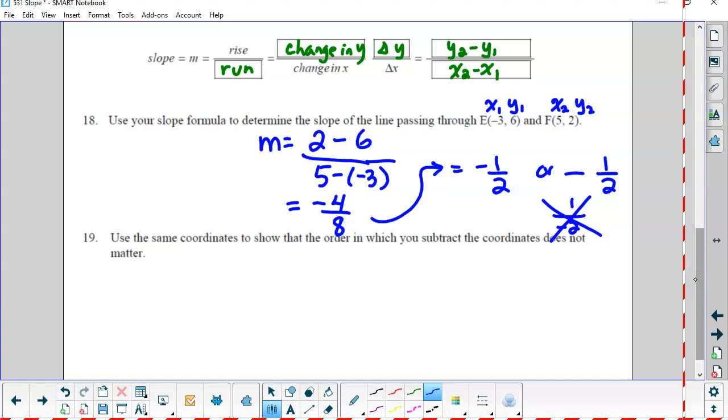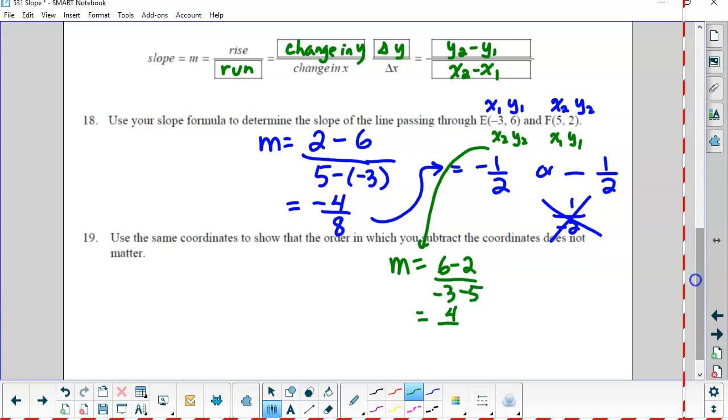And then just switching the order. So if I chose this as my second point, so if I did x2, y2, x1, y1, then my slope would be 6 minus 2 over negative 3 minus 5, which reduces again to negative 1/2.